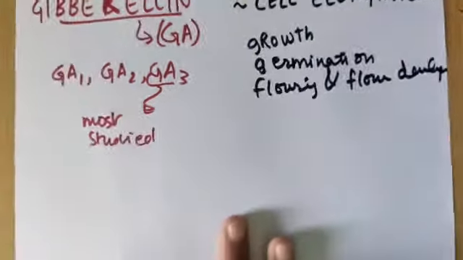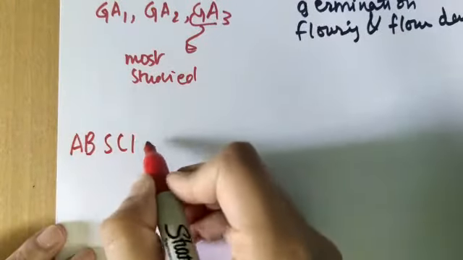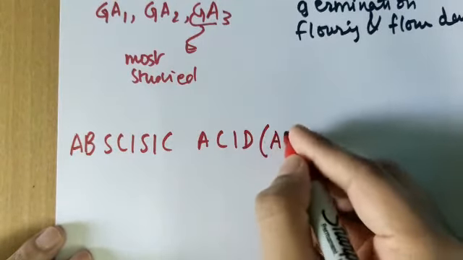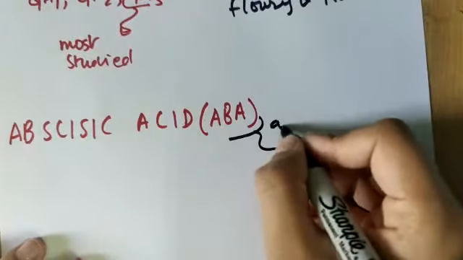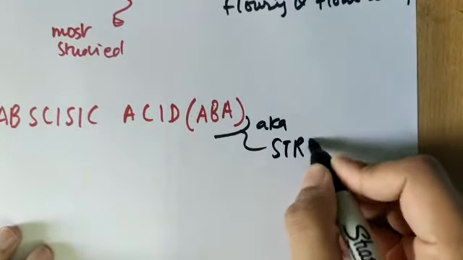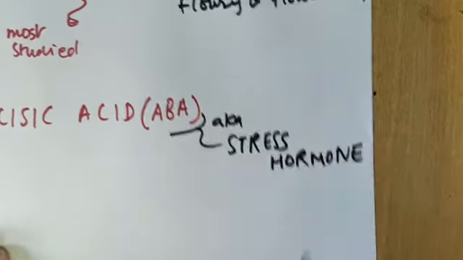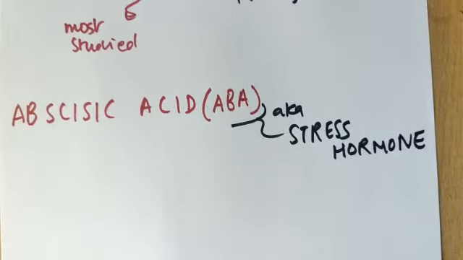The next hormone is abscisic acid, also abbreviated as ABA. Abscisic acid is also known as the stress hormone. It is called so because whenever there is a seed, abscisic acid helps the seed to tolerate unwanted situations like the temperature and all that stuff.